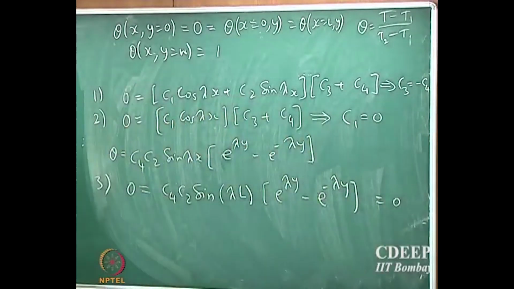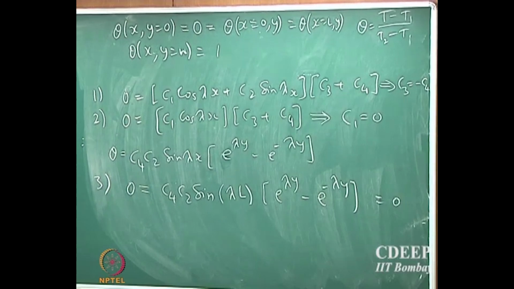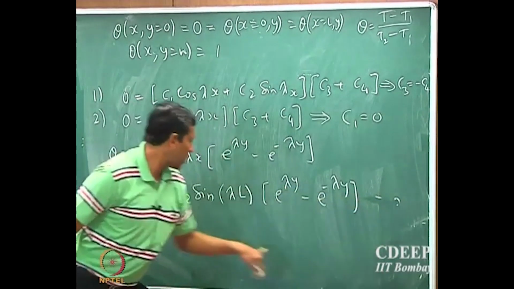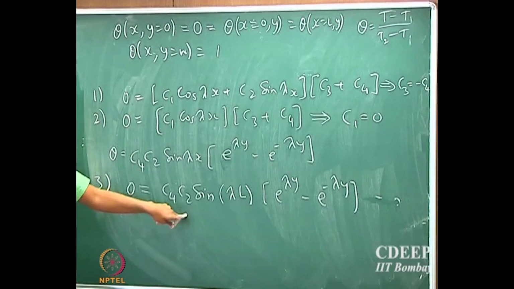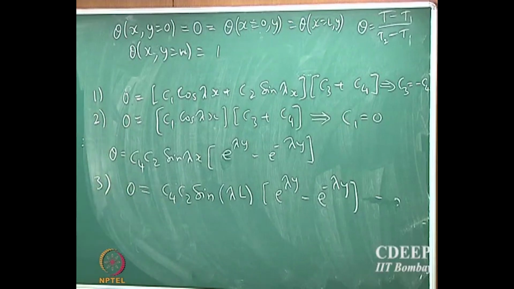So what's the solution of this problem? Sin lambda L equal to 0, lambda equal to 2 n pi by L? Is that the solution? n pi by L. The reason is, if C4 or C2, if either of them are 0, then the solution theta is always equal to 0.